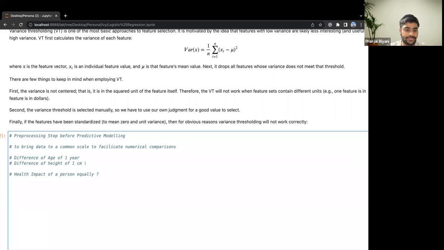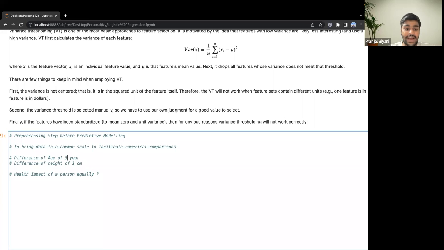Why not? Too little change for height, not too little change for age.